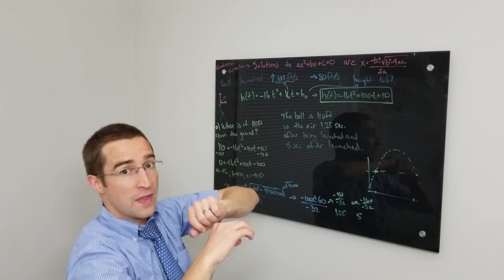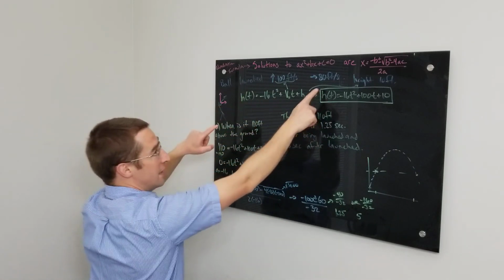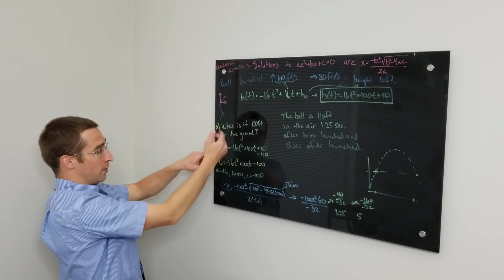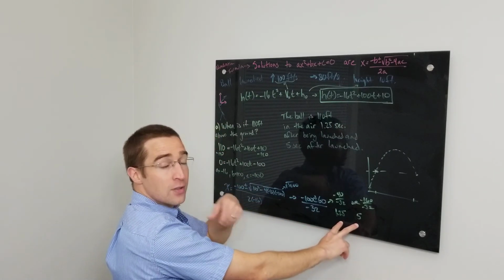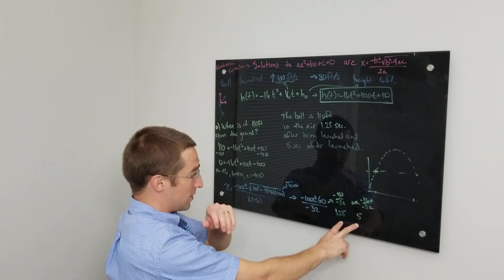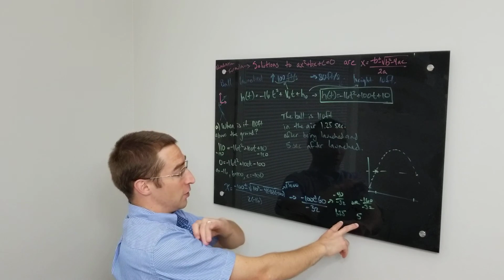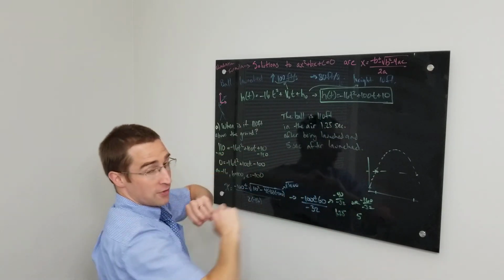We want to know when that ball is at a certain height. So we replace the h of t with that number and then solve. We solve, we get two answers. You might get no answers. You might get one answer, right? The vertex. And then write out a word answer from that.